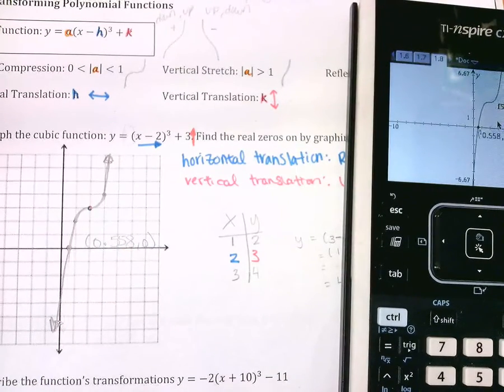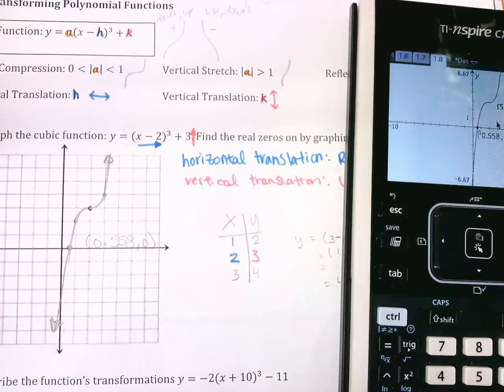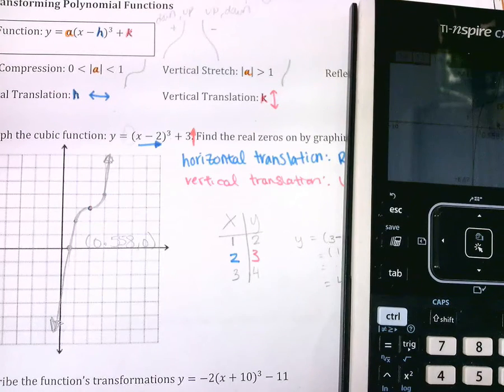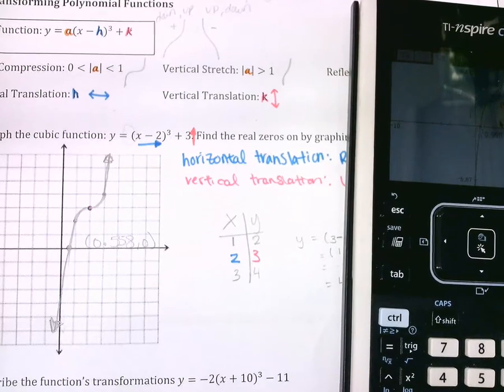That's the real zero. Also known as, what is a faster way or a more graphically descriptive way of saying real zero? What else is that point called? We have roots, we have zeros. What else is another word for that? There you go.